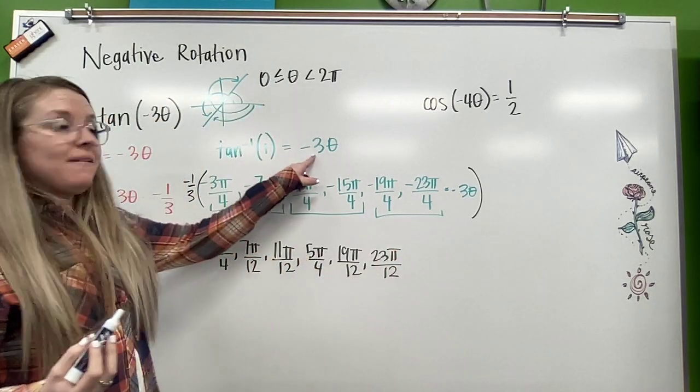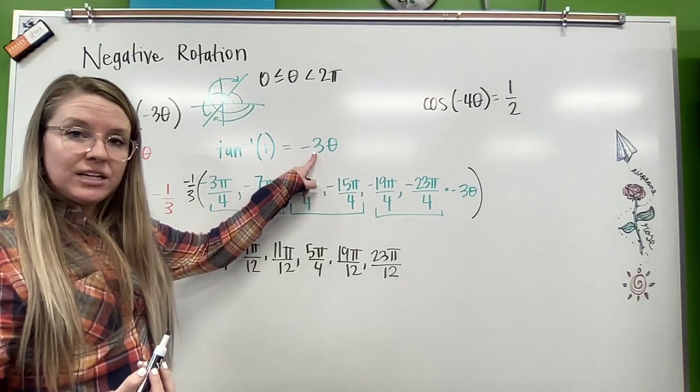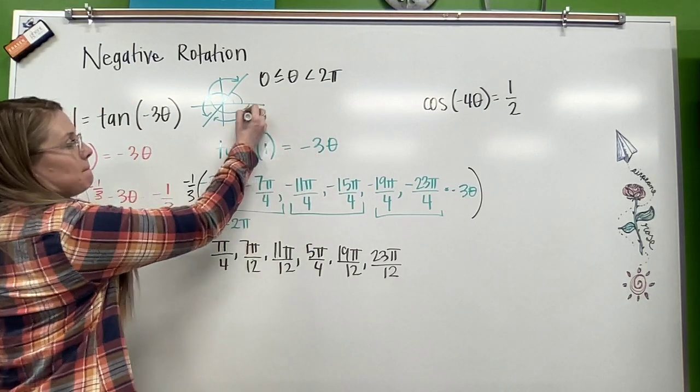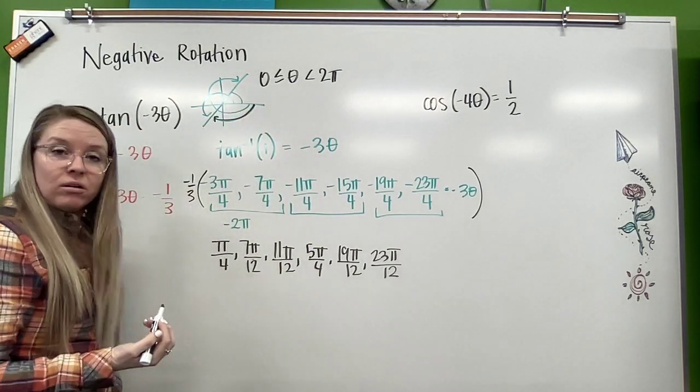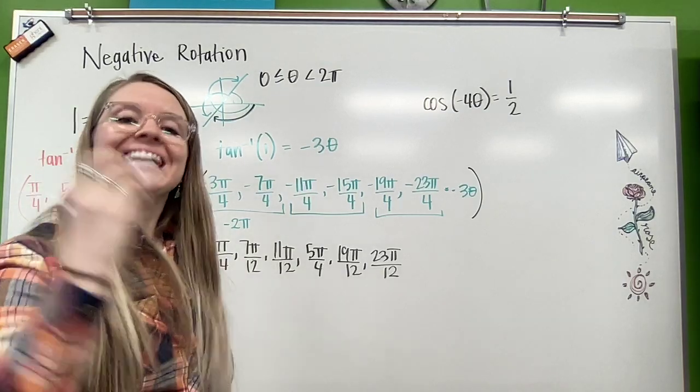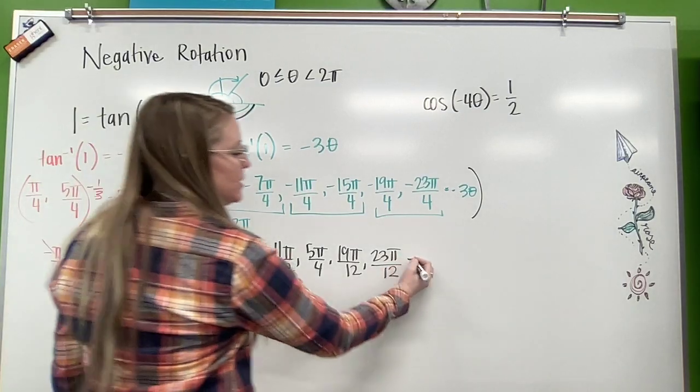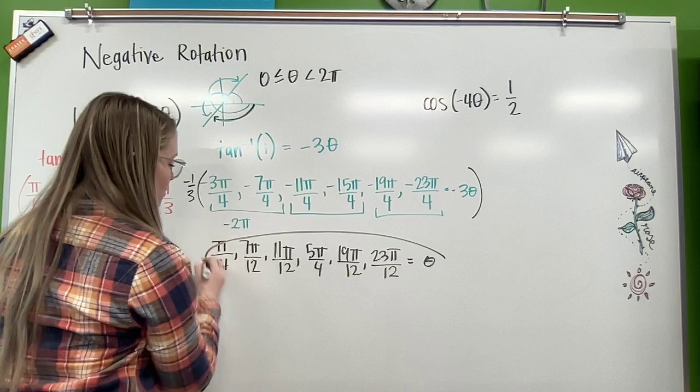So to counterbalance the fact that I have this negative rotation, I rotate backwards. Same angle, but it's a coterminal negative angle. So these are my answers for theta.